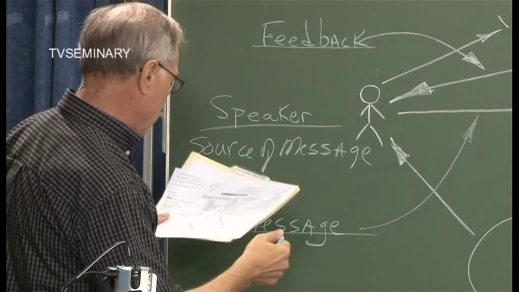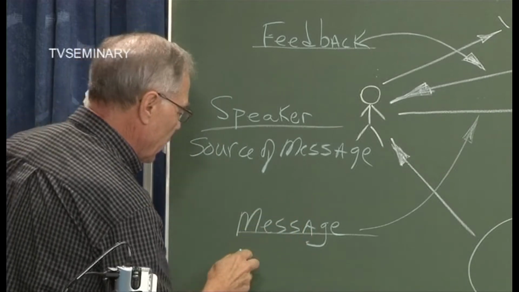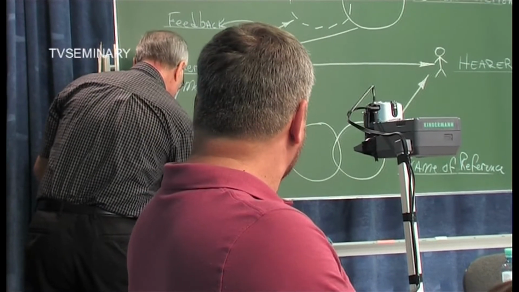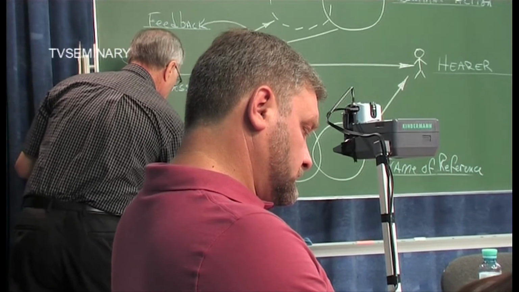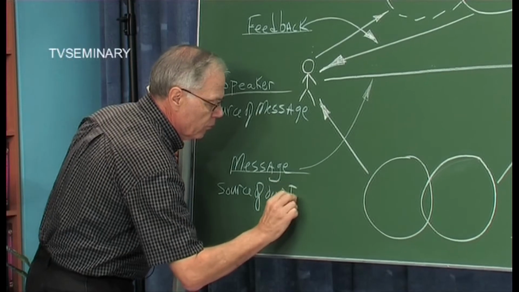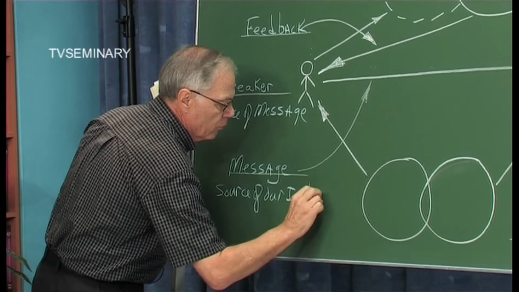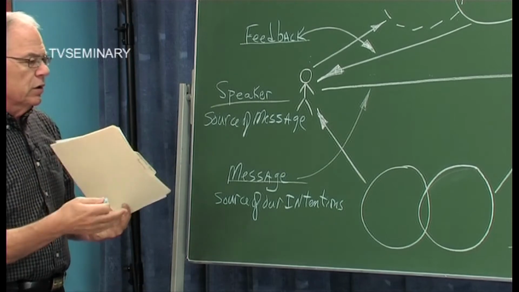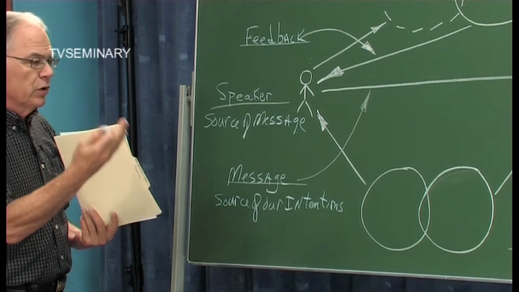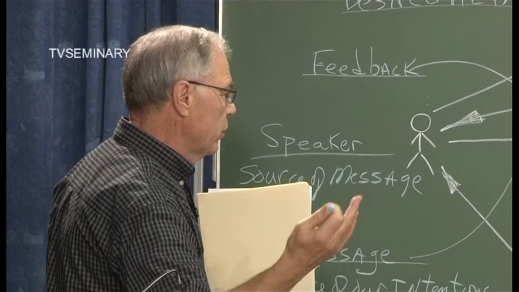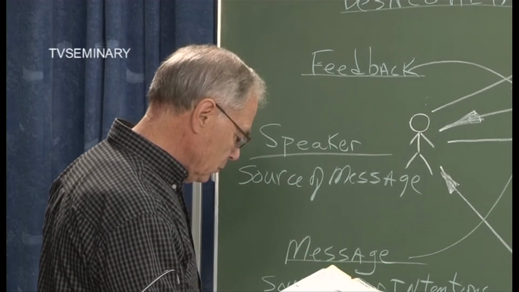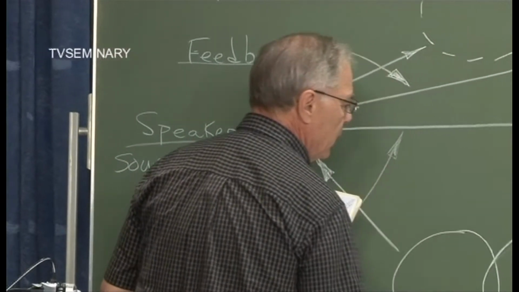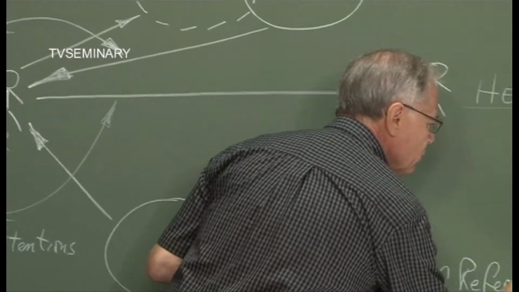We have the message itself, which is the source of our intentions. That is what we intended to communicate, what we wanted somebody to do or to hear or to respond to. And down here in frame of reference, this is the source of our assumptions.